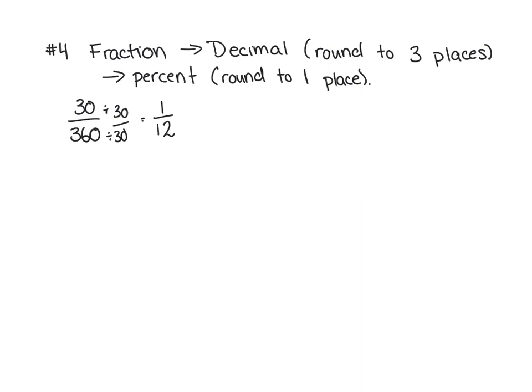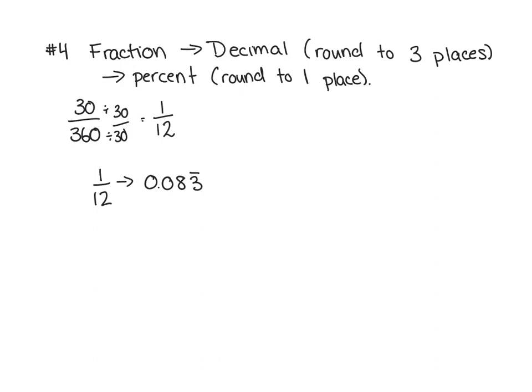So our first step, we have our fraction. Here's 1 over 12. We're going to change it into a decimal. So when you put it into your calculator, you should get 0.083, and that 3 is going to keep repeating forever.